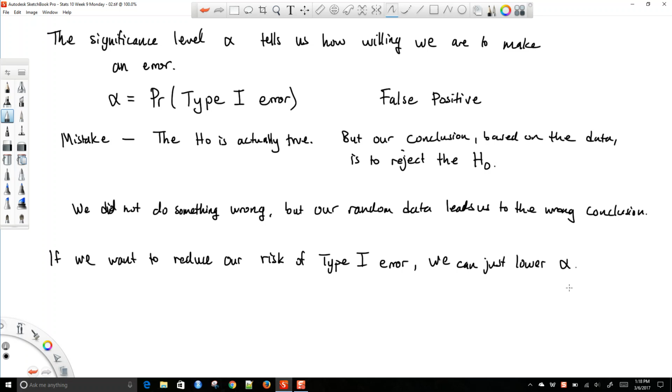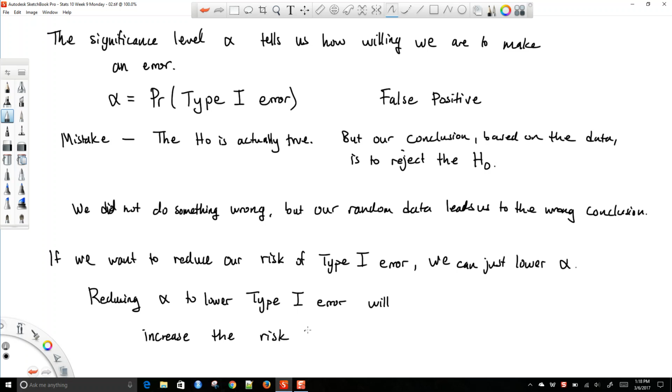Okay. But the side effect of that is that if we lower alpha, we're going to increase the rate of the type 2 error, which I will have to describe. Okay, so reducing alpha to lower type 1 error rate will increase the risk of type 2 error.